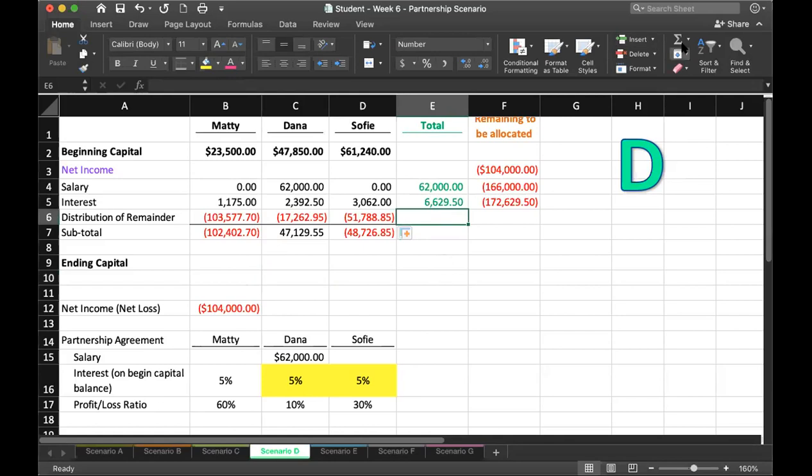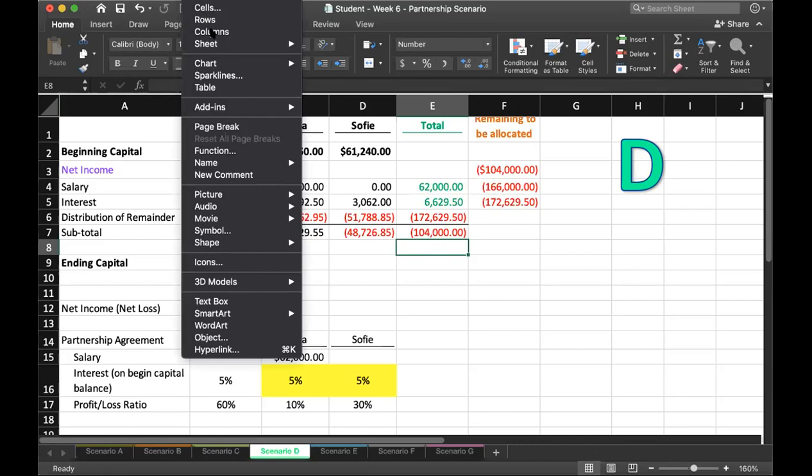But anyway, I'm going to add all of the distributions up. These two match so that when I sum up everything that's been allocated, again, what we see is that this, from this total column here, matches the amount of net income.